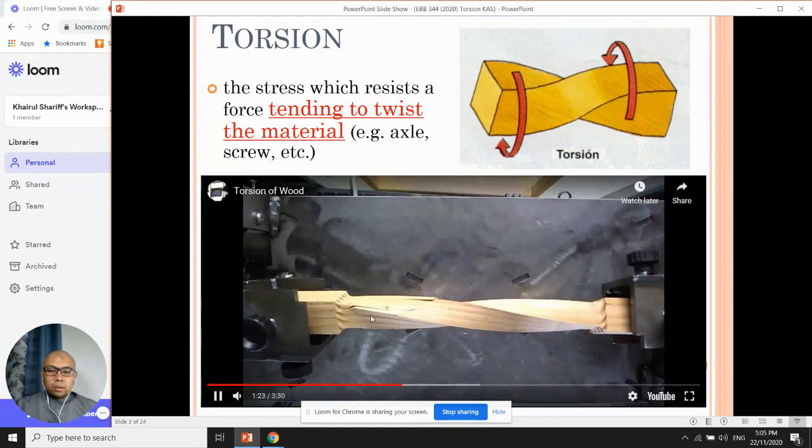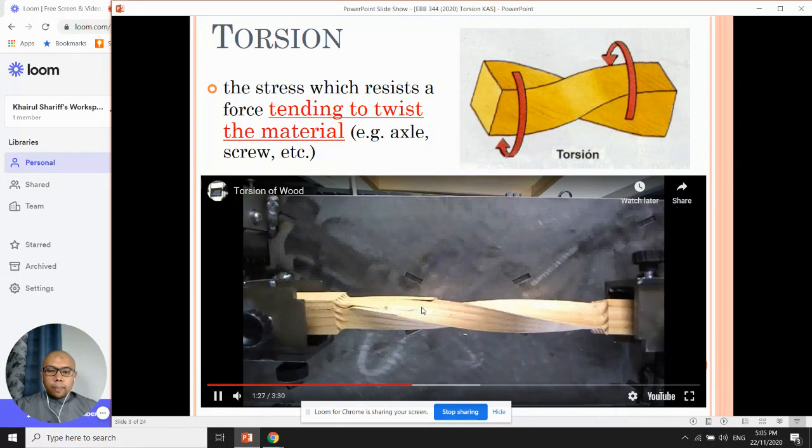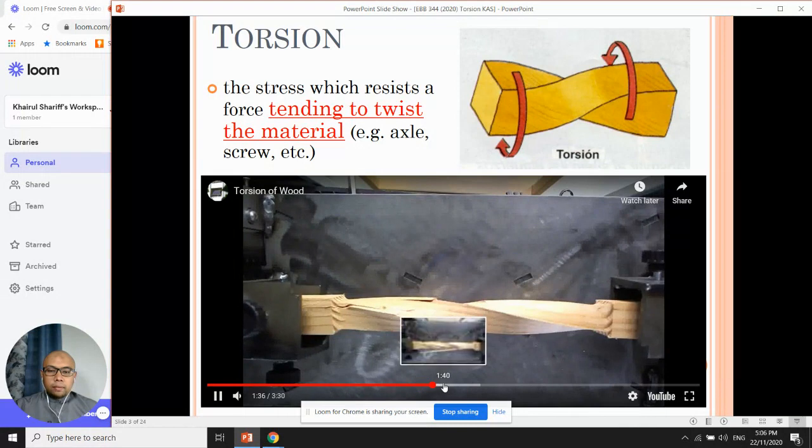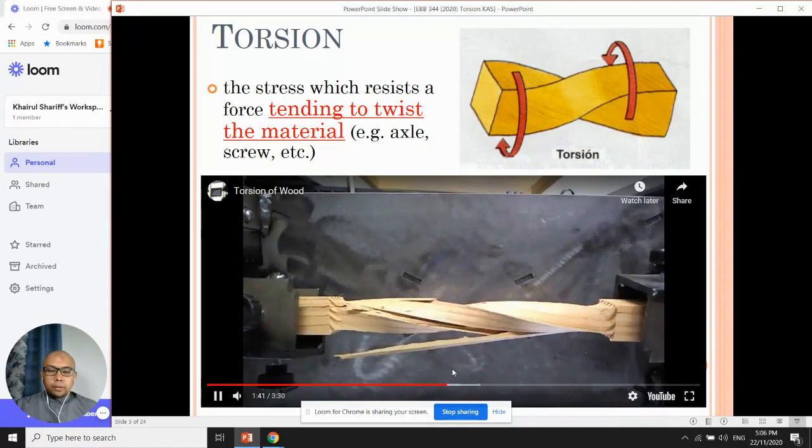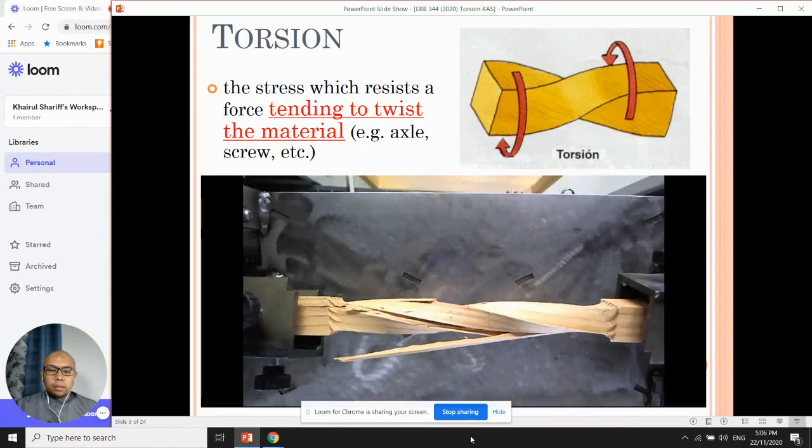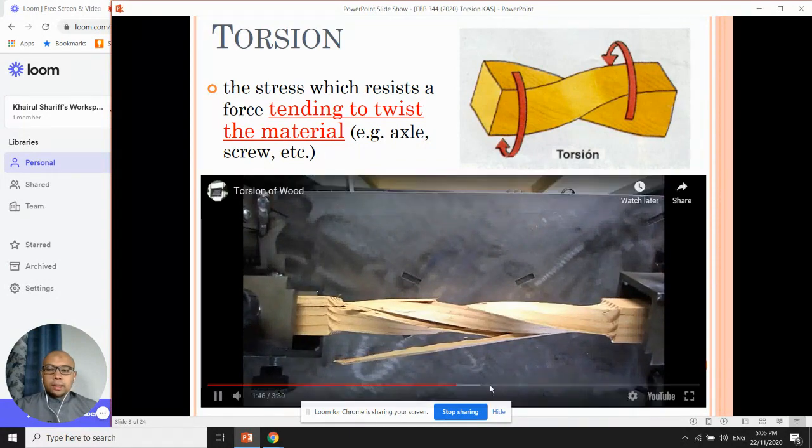As you can see now, the surface of the sample starts to chip off, and we just wait for the sample to fail. I forwarded the video a little bit so you can see the sample start to fail.